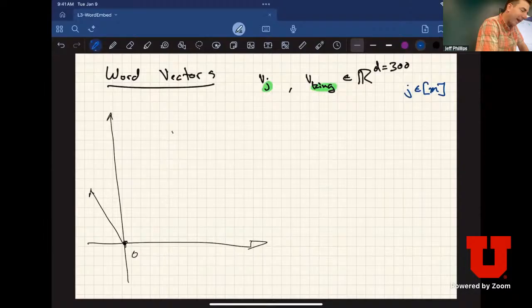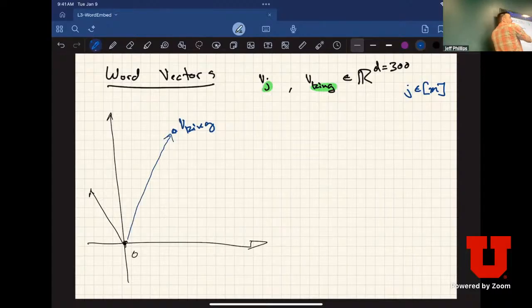And then the vector, this would be V_king. I can think of it as a vector from the origin. I can think of it as an arrow. In physics, they tell you to distinguish these things. The other one is as a point.